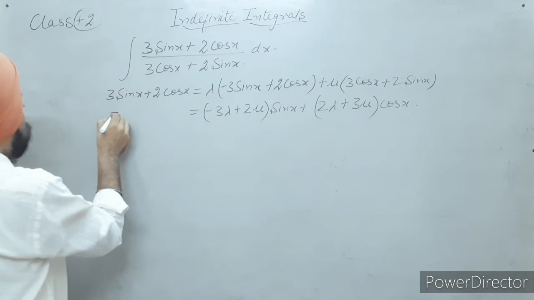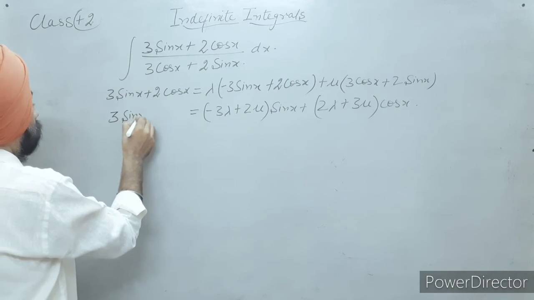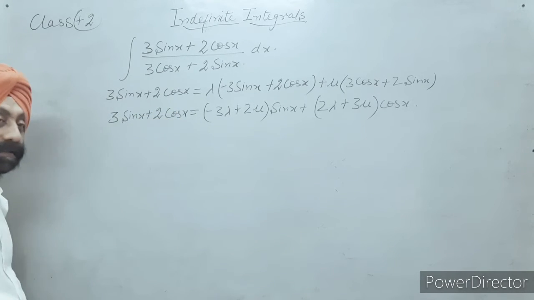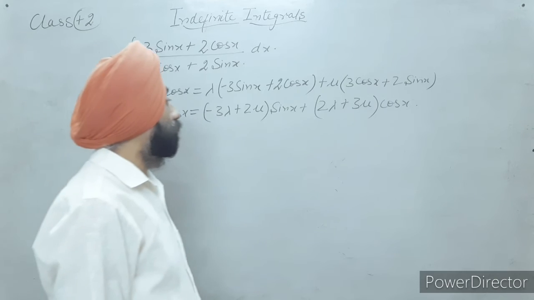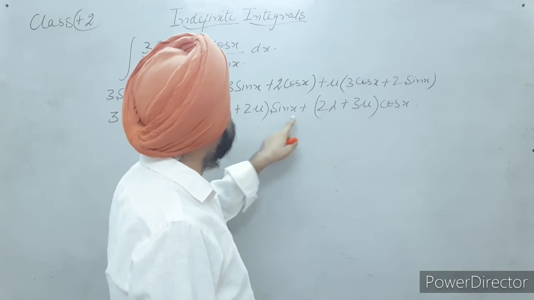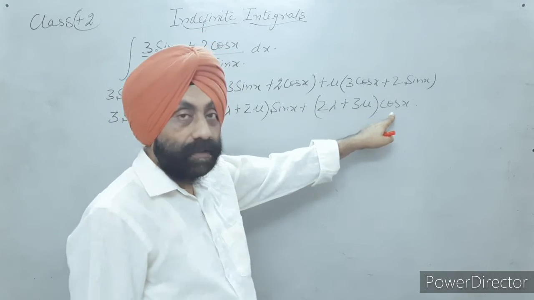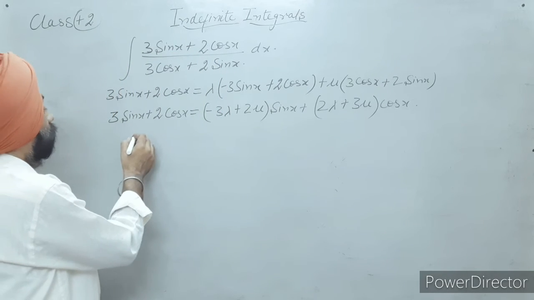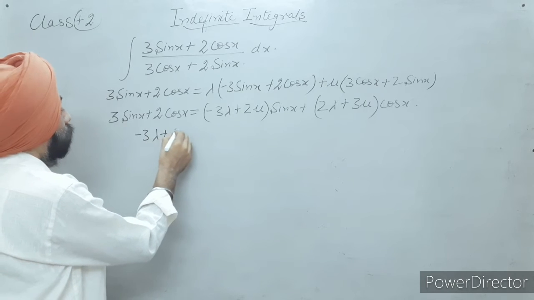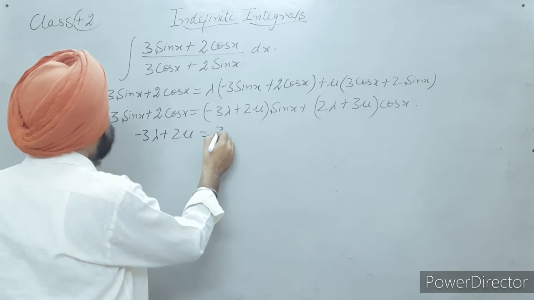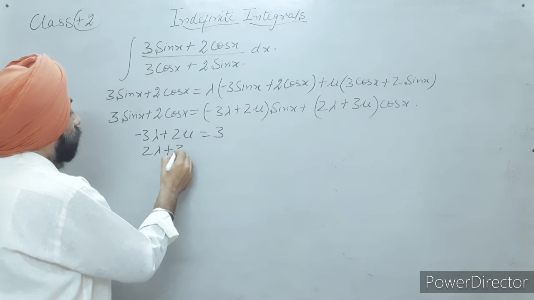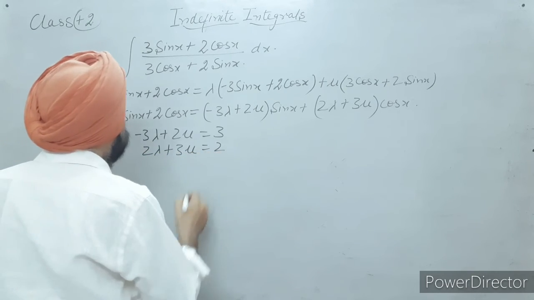It is equal to 3 sin x plus 2 cos x. Now to find lambda and mu, we equate the coefficients of sin x and cos x on both sides. We get minus 3 lambda plus 2 mu equals 3, and 2 lambda plus 3 mu equals 2.